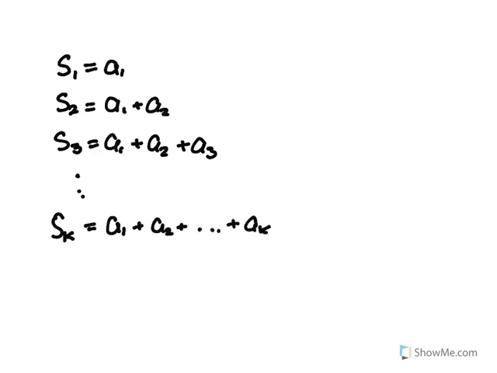plus ak. From this, we observe that the whole series, which is the sum of all the ak's up to infinity, is equal to the limit as n goes to infinity of Sn. So this allows us to define what it means for a series to be convergent or to add up to a finite value. So definition.